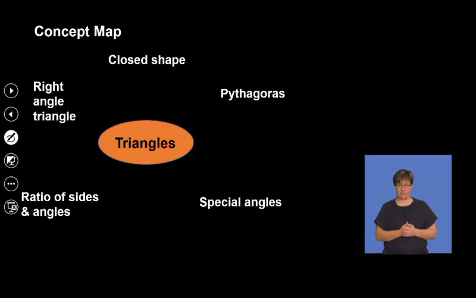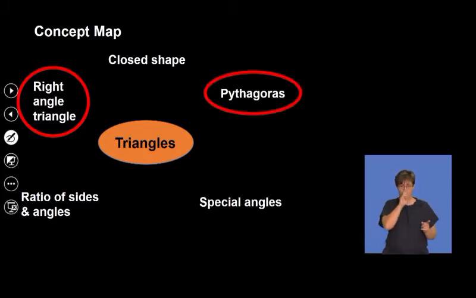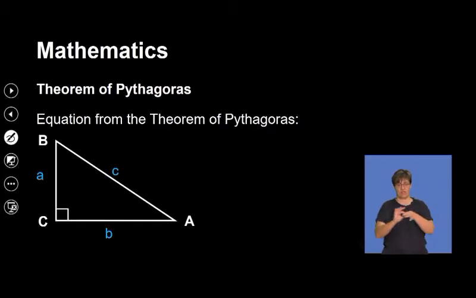And then, so far we've looked at the right-angled triangle. Only if it is a right-angled triangle can we look at what we call the theorem of Pythagoras, which I just shortened as Pythagoras. The theorem of Pythagoras describes the relationship between the three sides of a right-angled triangle. In specific, there's an equation that shows this relationship.